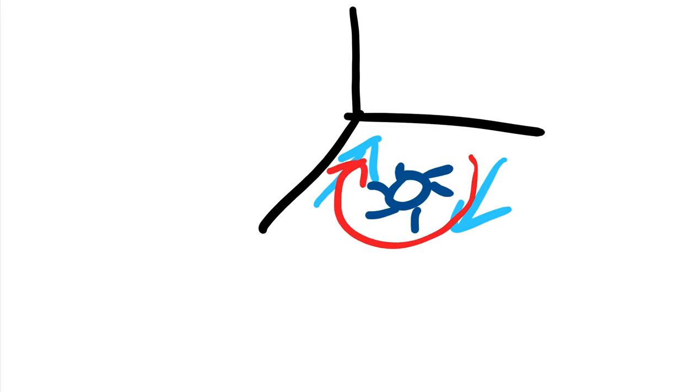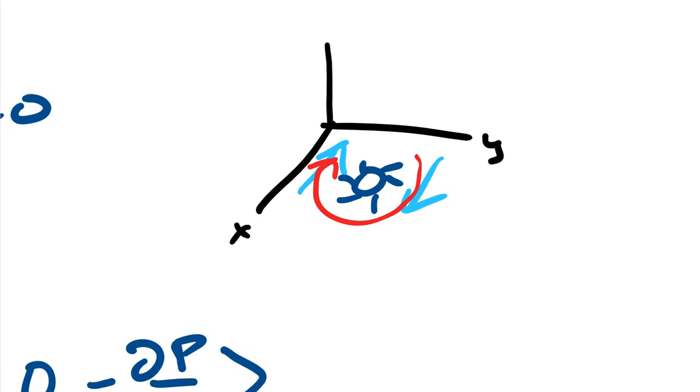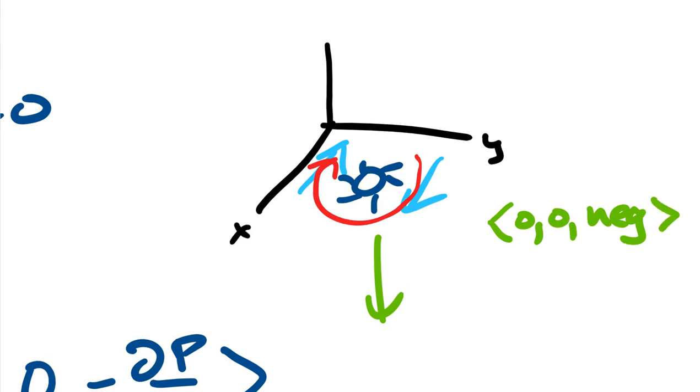And if you do the cross product there, the right hand rule, your vectors will be pointing down. So 0, 0, and then something negative here, like that.